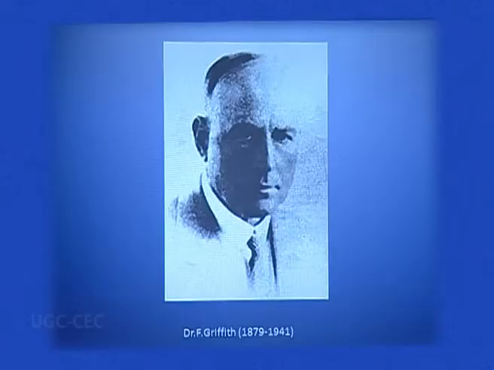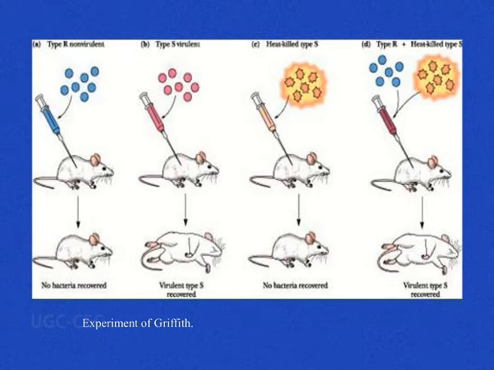Now, coming to a very important phenomenon which was denoted by Griffith. What Griffith showed in the year 1928 was that this bacteria, which is commonly called pneumococci, was injected into rats. Accordingly, he discovered two strains, type 2R and type 3S.